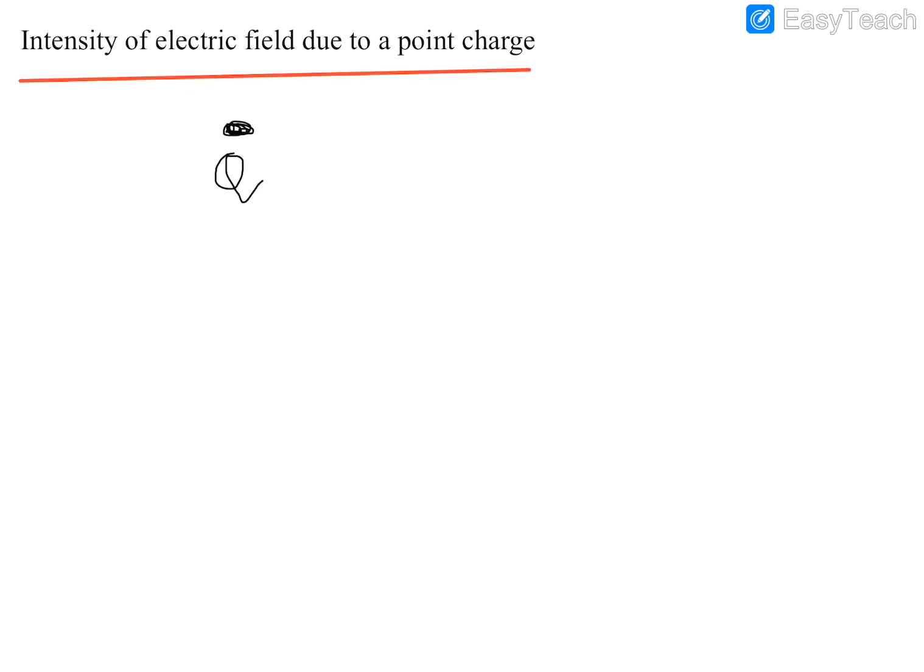So that region where this plus Q charge can exert force is the electric field region for this charge. Okay, now we are going to find the intensity of electric field due to this charge at some point. So let us consider a point which is r distance away from this Q, and it is the point P.